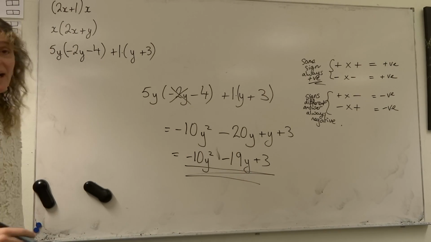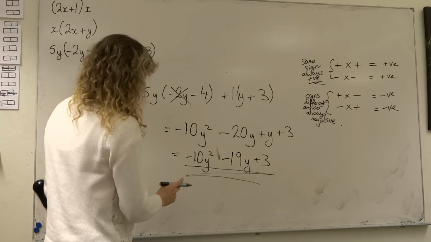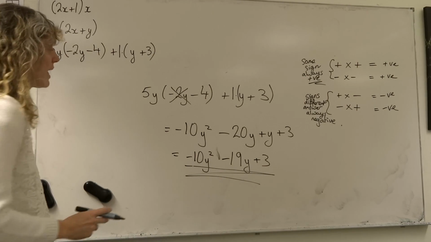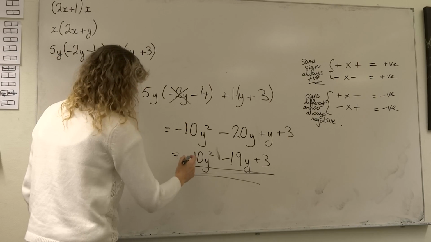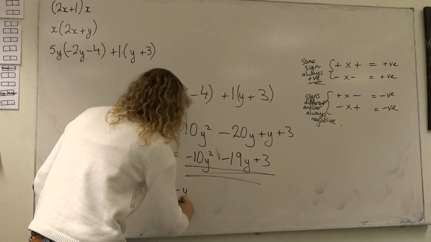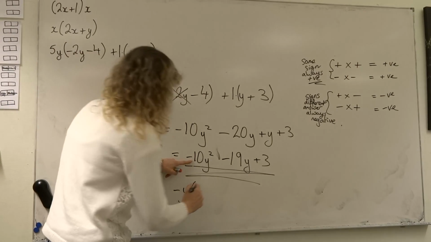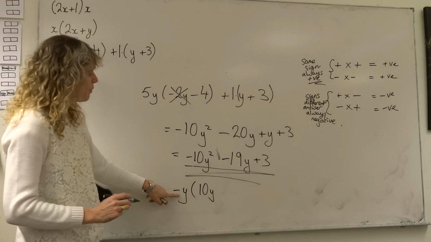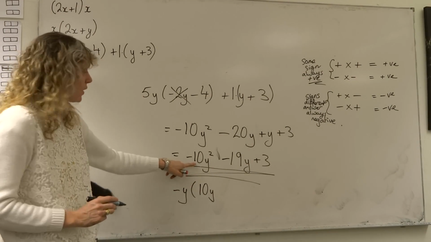And if we were to factorize that one back out again, let's see what we could do here. We've got 10 and we've got 19, so we can't really get a factor there. What we could do is take out minus y in the front here, and then put in a bracket. Minus y would give us, we would get 10y here, because minus y times 10y would give us minus 10y squared.